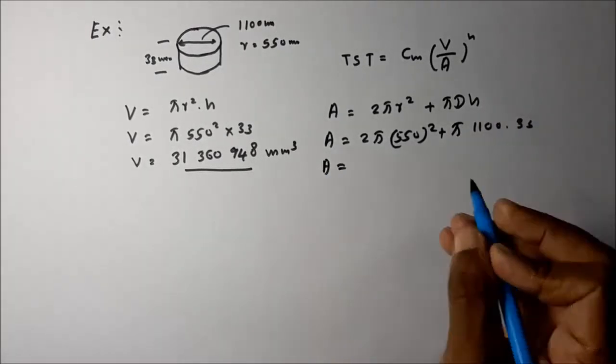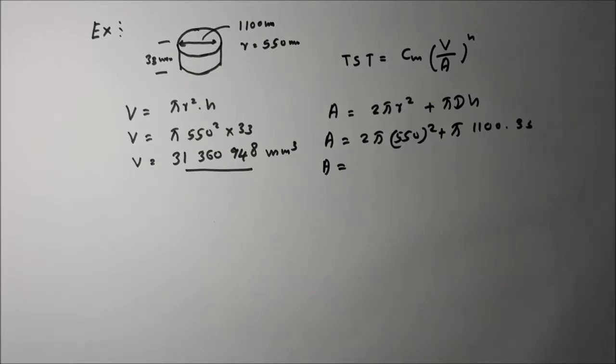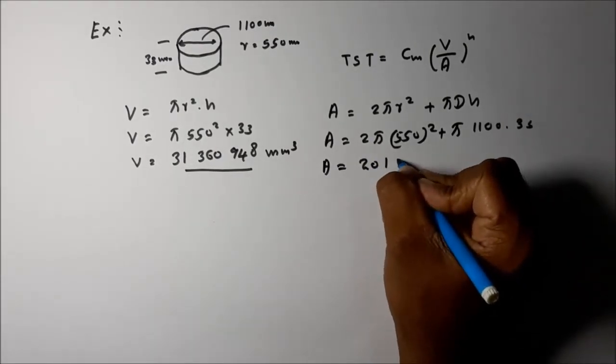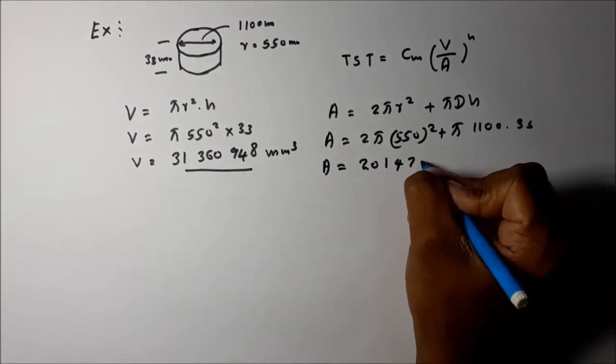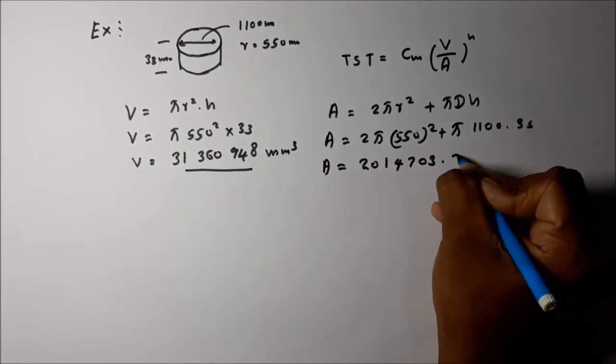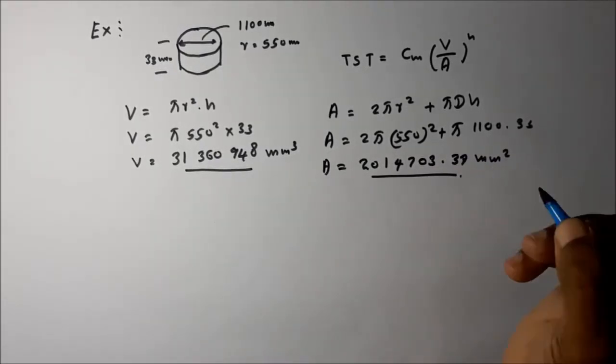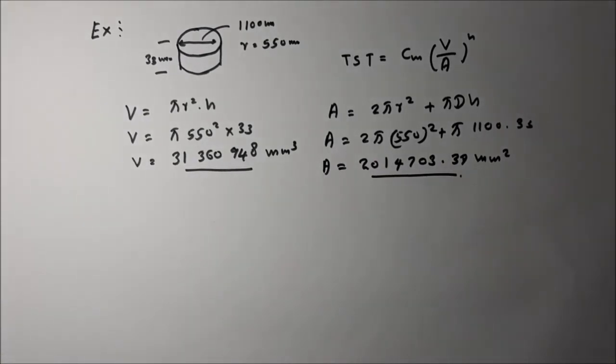Then A also we can calculate easily. It is equal to 14703.37 millimeter square. This is the total surface area.